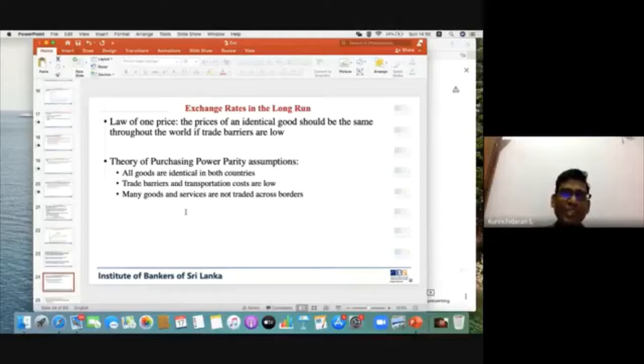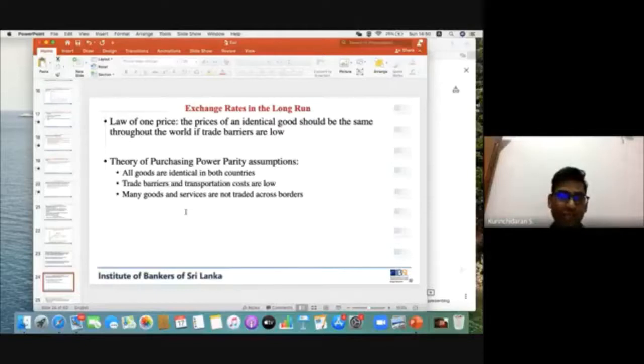how these exchange rates are determined in the long run. So in economics, as I always say, there can be two different effects for the economic variables. One may be a short run effect, the other may be a long run effect.